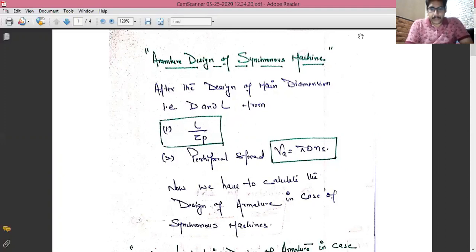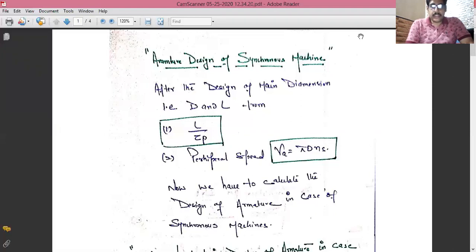Now, before discussing the armature design of a synchronous machine, we all know we start our journey of design of synchronous machine from the calculation of the main dimensions, and the main dimensions include two main things, that is the diameter as well as the length.